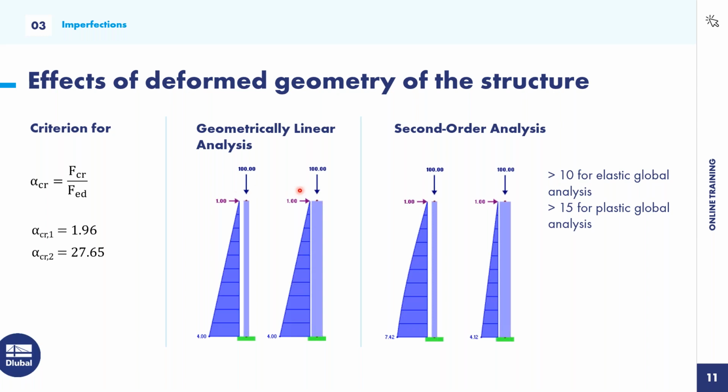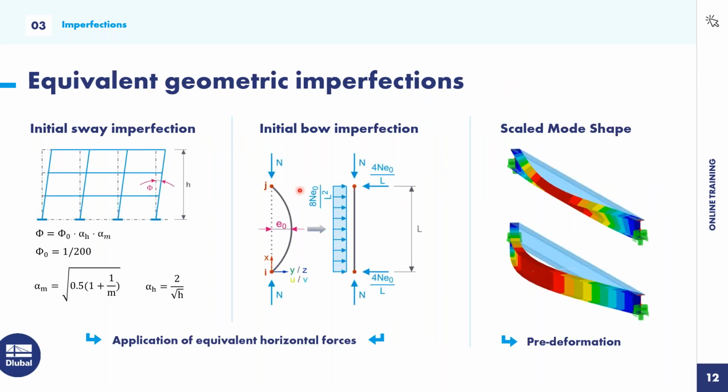Okay, why I tell you this? Because this has always something to do with imperfections. So in general, what are imperfections? Imperfections are manufacturing related deviations in the model geometry and in the material properties. So what could it be, for example, real misalignments or tolerances in the production?